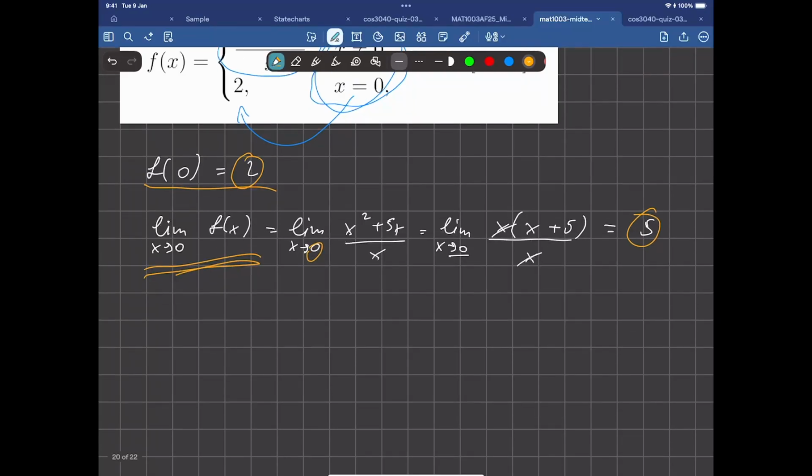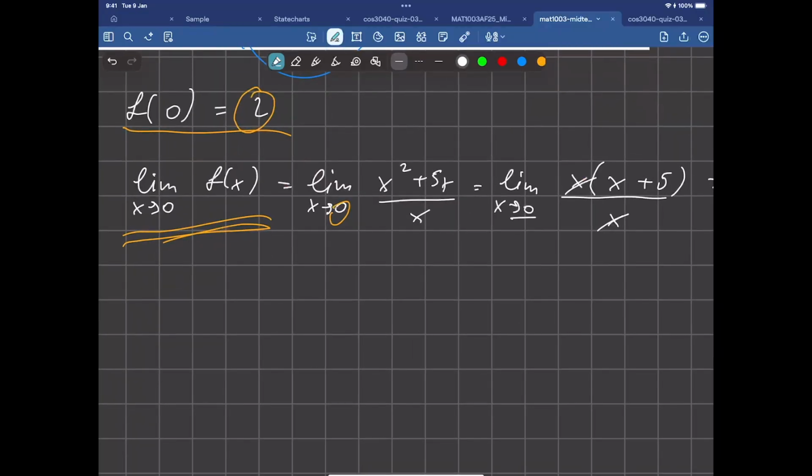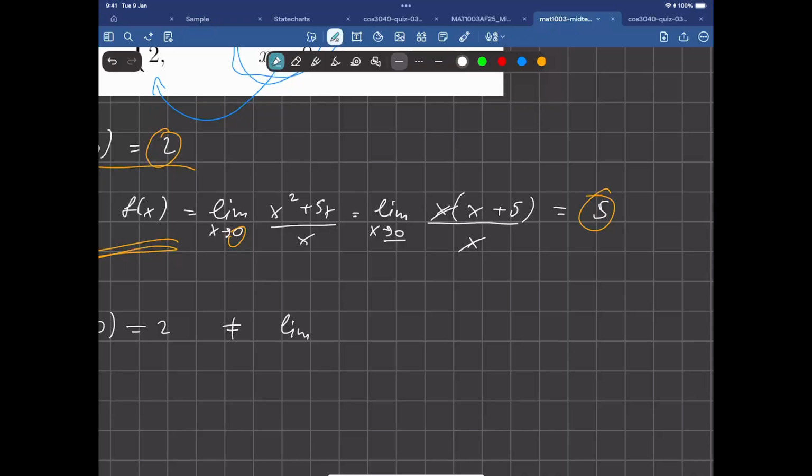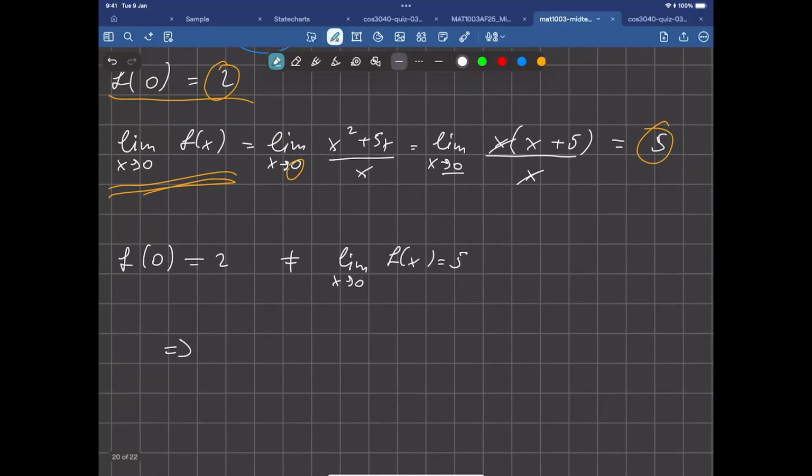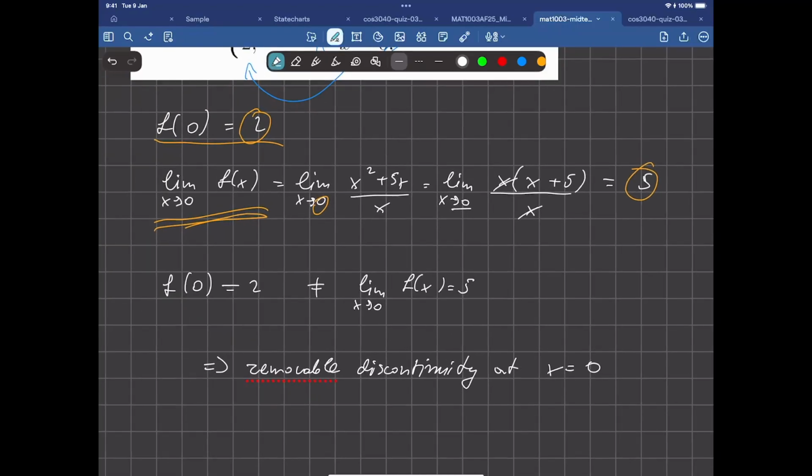Okay, so how do you write this down? You write it in the following way: f of 0 equals 2, which is different from the limit as x approaches 0 of f of x, which equals 5. Therefore, we have a removable discontinuity at x equals 0, okay?